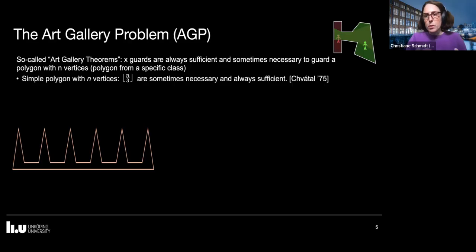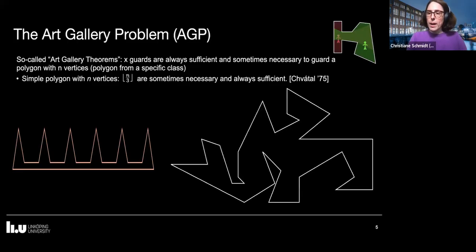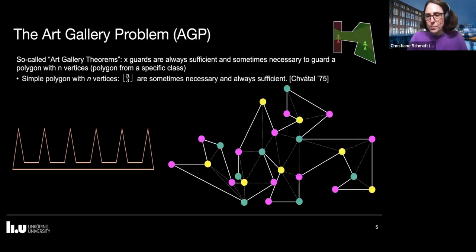And then for the always sufficient, we have to find a way to place n over 3 rounded down many guards such that we can always see the polygon. Chvátal's proof was relatively long. A few years later, Steve Fisk came up with an easy proof: we triangulate the polygon, and then we 3-color this triangulation.